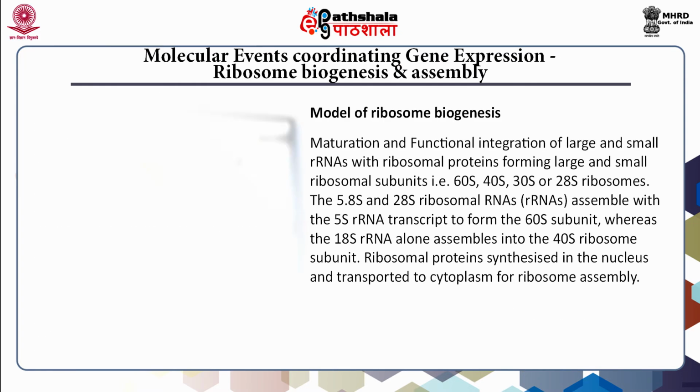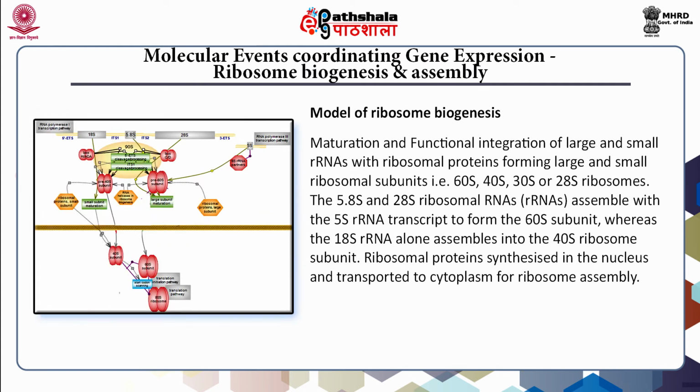The functional integration of the large and small rRNAs with ribosomal proteins forming the large and small subunits of the ribosome are designated as per their sedimentation rate, measured as Svedberg units in a centrifugal force. For example, the 60S, 40S, 30S, 28S ribosomal RNAs.